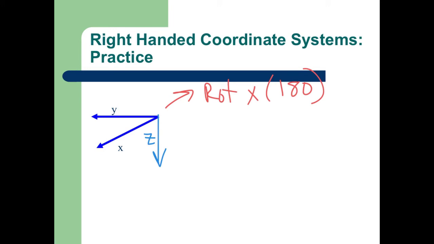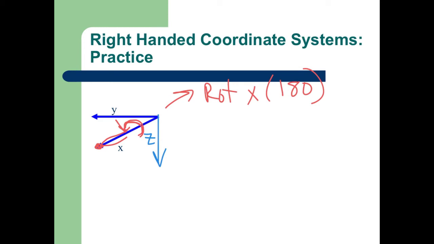So we have to stick our thumb so that our thumb is pointing along the x-axis, which means that our fingers naturally curl this way. So we're going to rotate 180 degrees about the x-axis. So remember, we're kind of holding on to the end of the x-axis and spinning it in a positive direction by 180 degrees.